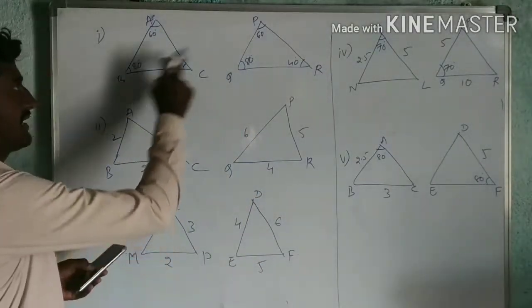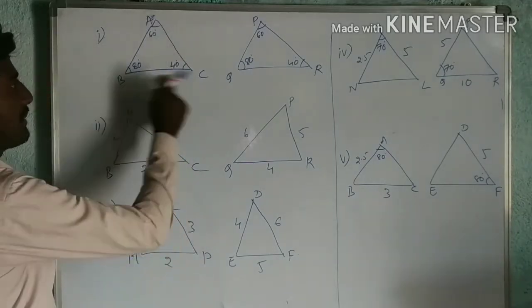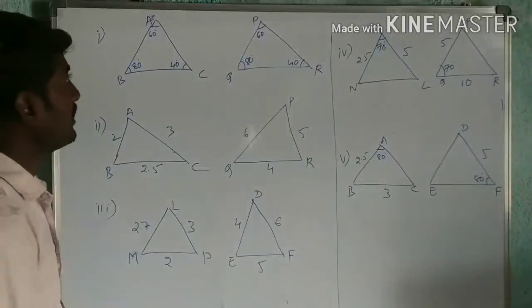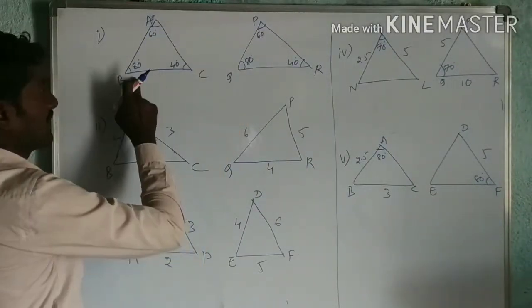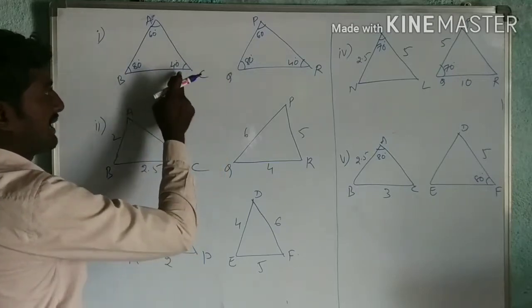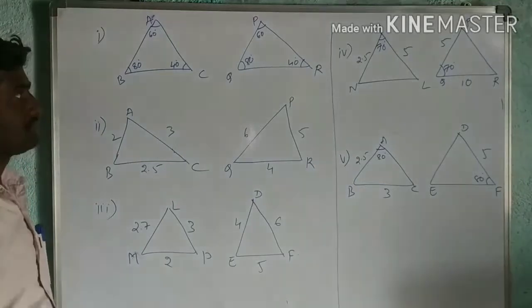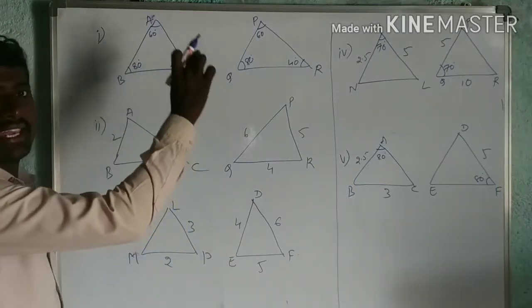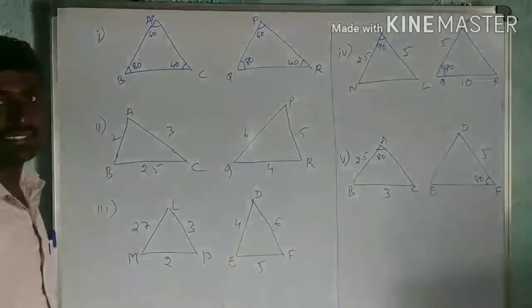Here you can see the first diagram. In this, two triangles ABC and PQR. See, angle A is 60 degrees, angle P is 60 degrees, angle B is 80, angle Q is also 80, angle C is 40, angle R is also 40. So by using the AAA similarity criterion, these two triangles are similar.